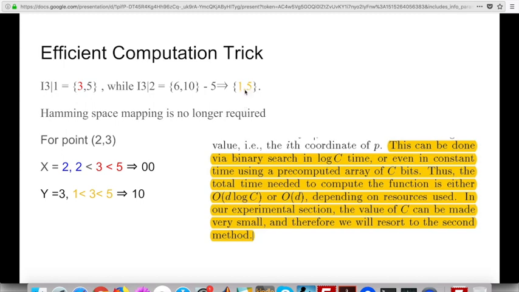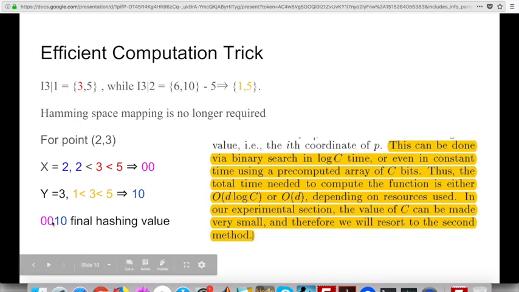The 3 goes inside here between 1 and 5. This means that we have 1 and 0, so that's why we have here 1 and 0. So the final projection of point 2 and 3 on the third hashing function will become 0 0 and 1 0.